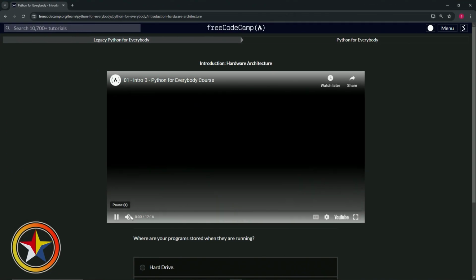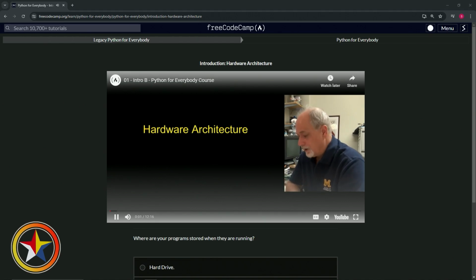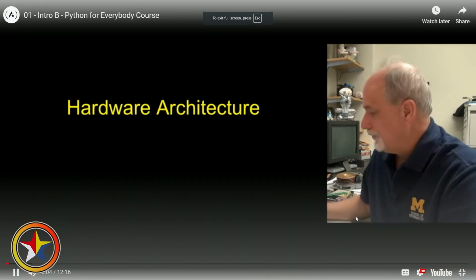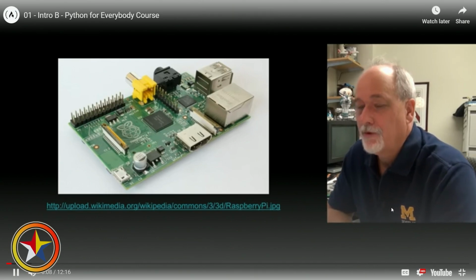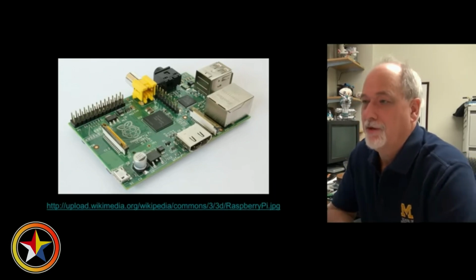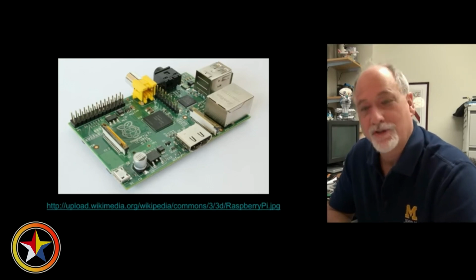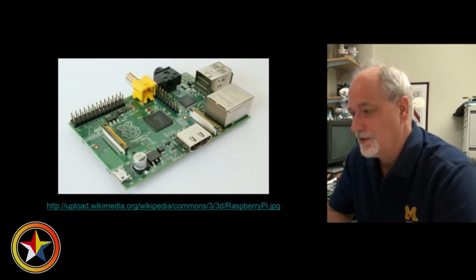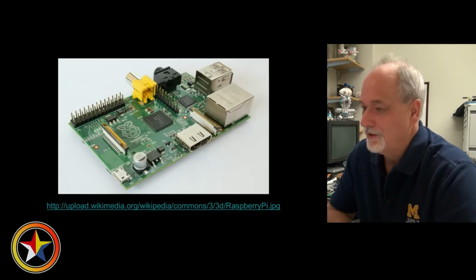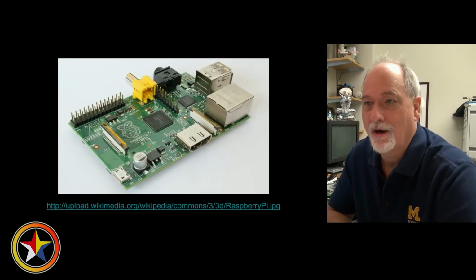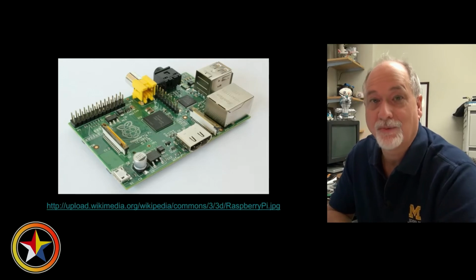So let's do this. Hello and welcome back to Hardware Architecture. Now you might ask, why do I tell you about hardware architecture? You're probably not going to build any hardware, although it's fun stuff to do. And if you're going to become a computer scientist, which most of you won't want to be, it's a great thing to study. Those who build our hardware are amazingly talented individuals, and it's a really rewarding job.